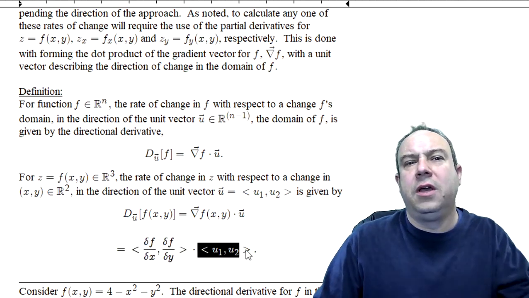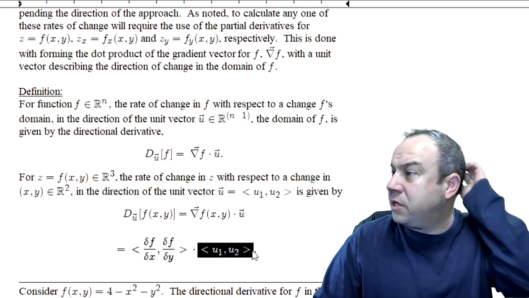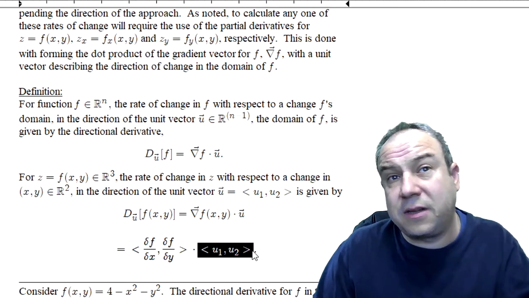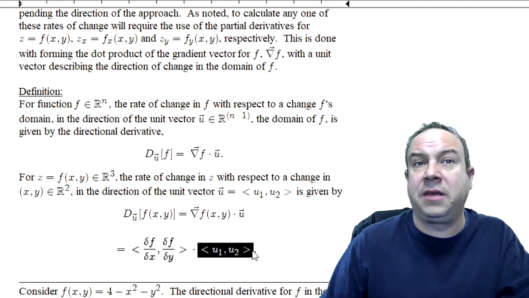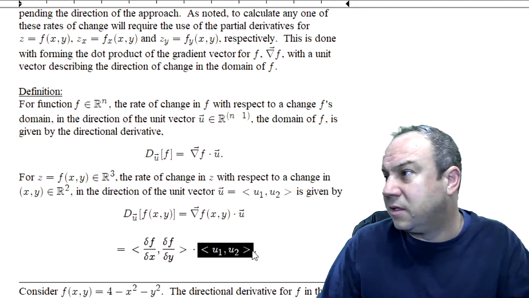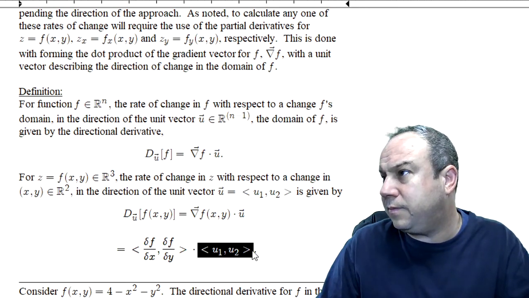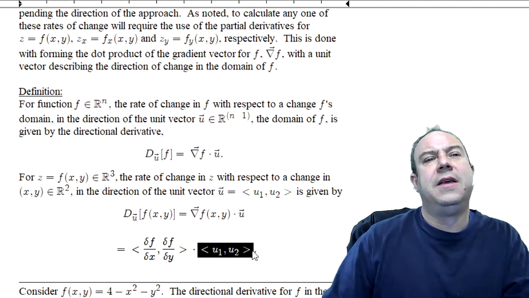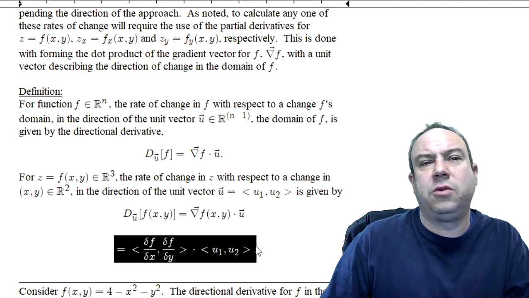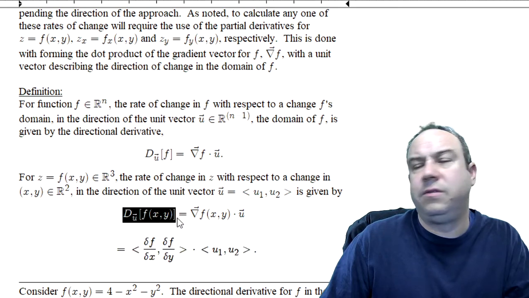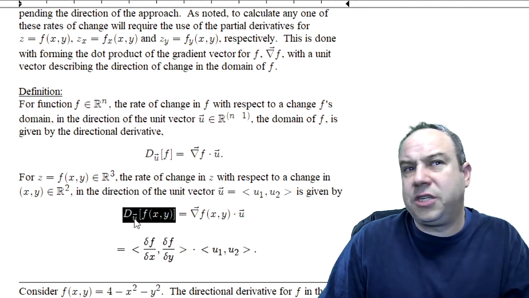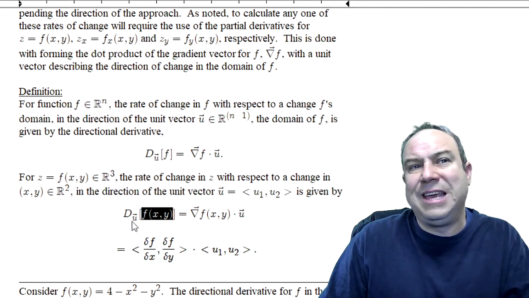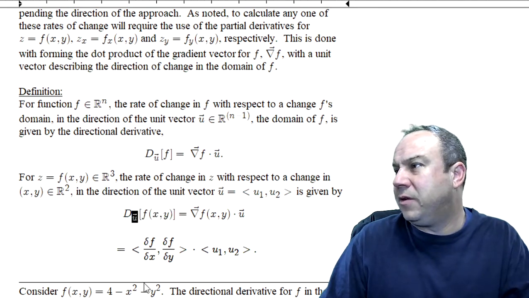And u will be simply that two-dimensional component vector, unit vector describing the direction with its components. Taking the dot product of these two quantities will give you a calculation for the derivative in our multivariable function f, in the direction of unit vector u.